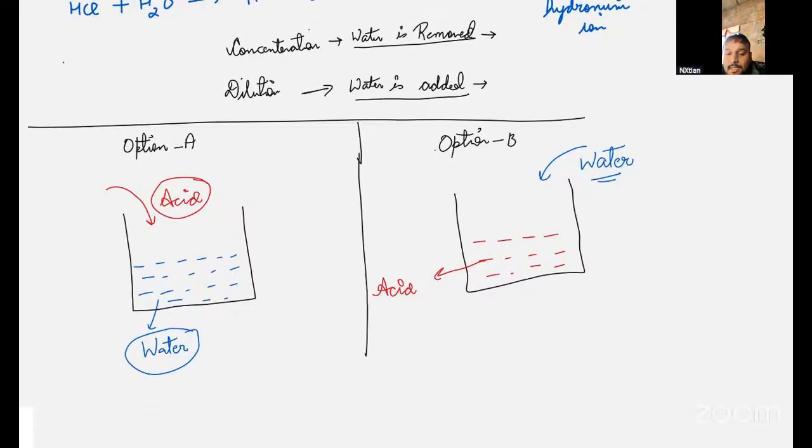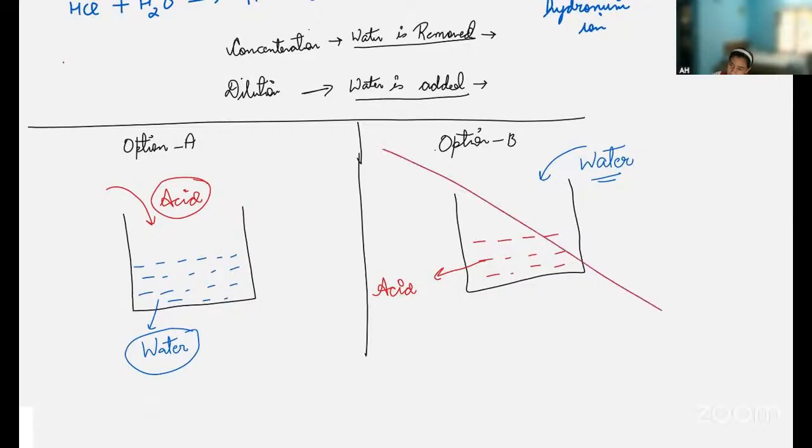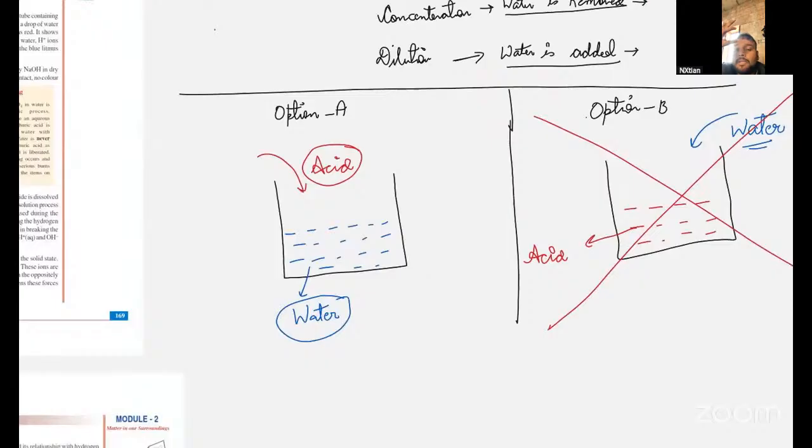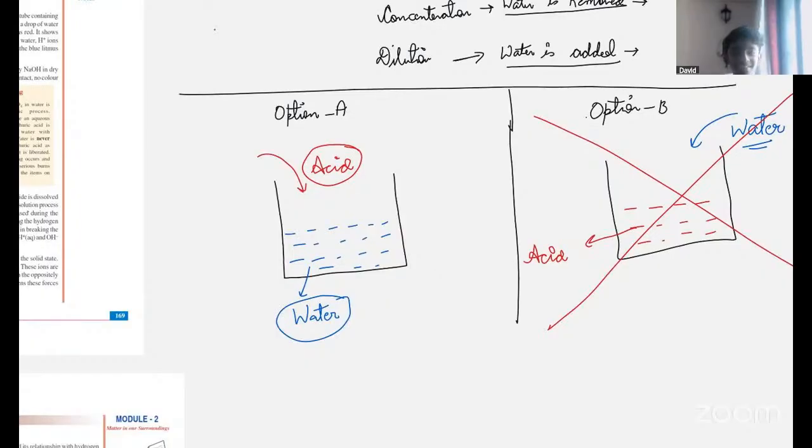Yes. So guys, the answer is option A. We will not take option B anymore, because option A is safer than option B. For example, if burning oil is there and you add water into it, what will happen? It will splash, it will burst. Why? Because it is a very exothermic reaction. Exothermic means exit of heat.